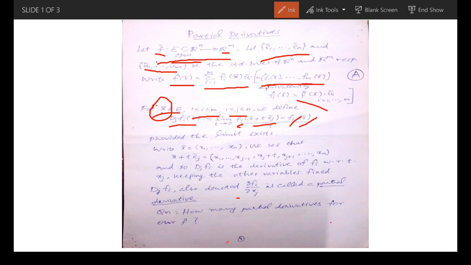Look at this quotient and take the limit as t tends to 0. If this limit exists, we say it is the partial derivative of fi in the direction of ej and denoted by dj fi of x. Hope you understood the definition.